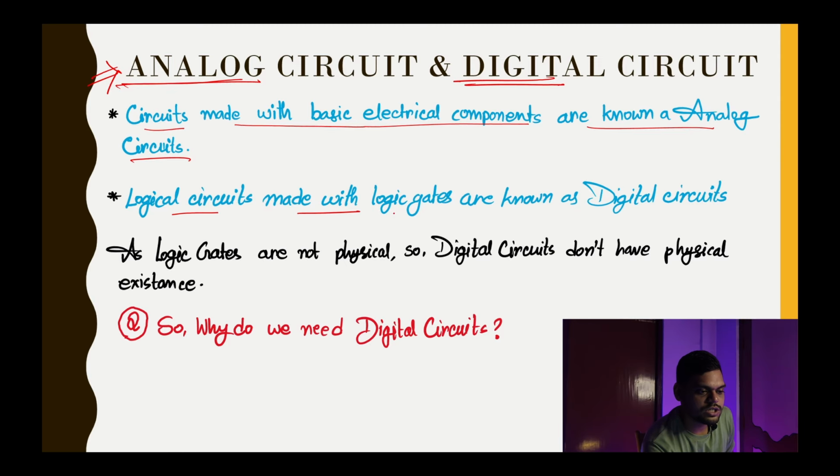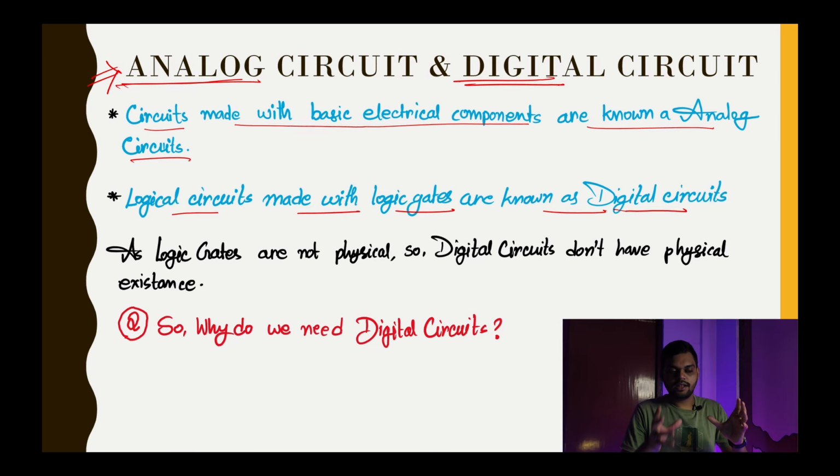Logical circuits made with logic gates are known as digital circuits. Okay. Now logical circuits, any logical statements, if we make them with logic gates, it becomes a circuit, and that circuit is called a digital circuit. Like you have a logical explanation or a logical statement, you use logic gates to make it a circuit, and that circuit becomes a digital circuit. A digital circuit is a logical circuit.